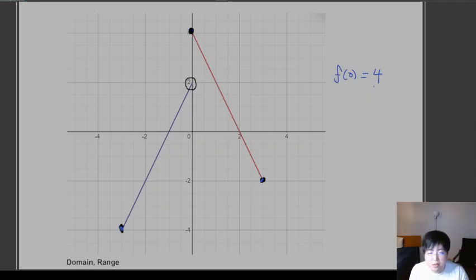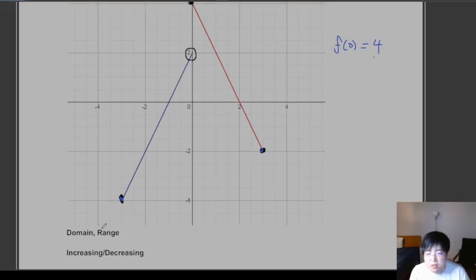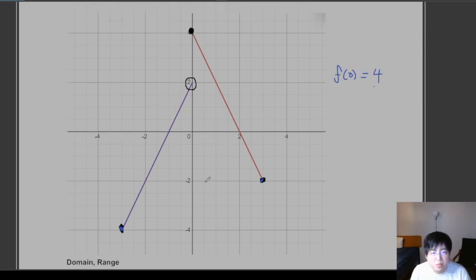Okay, then if you look at this weird looking function, what do I want to learn from it? First, let's talk about the domain and the range, okay? Domain is the possible or assigned values of x's in the function. How can you tell what kind of numbers are included in the domain? Usually I suggest you look at the graph of the function.